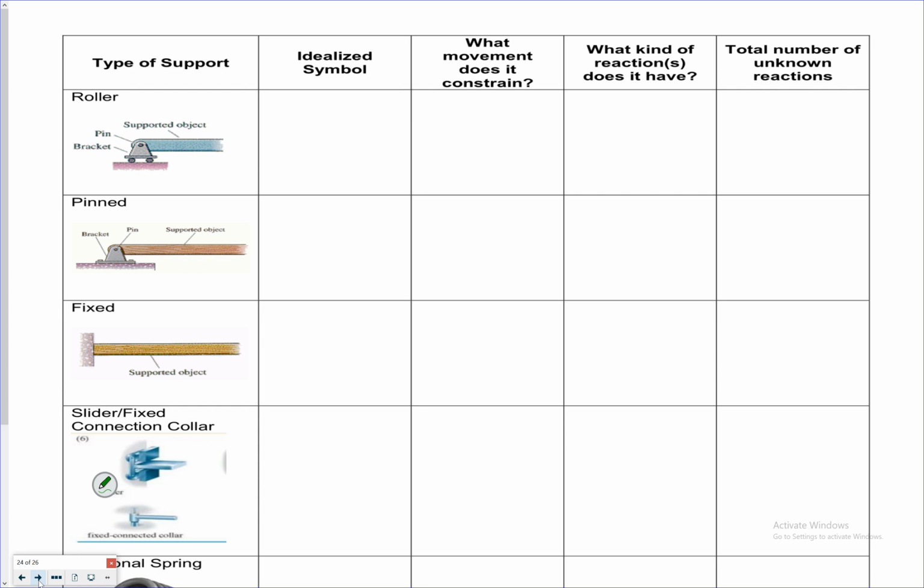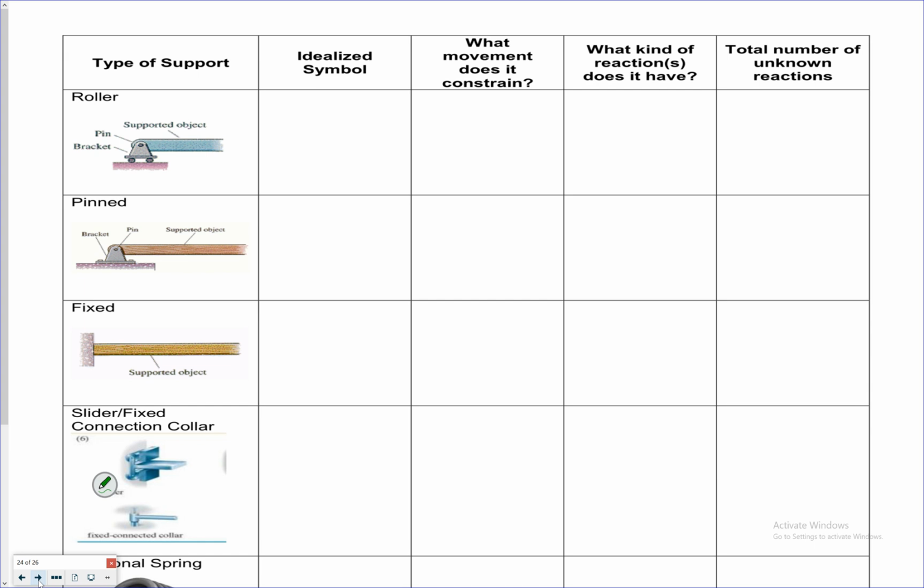Now I'm going to summarize what we've talked about today and talk about how we draw them as an idealized symbol when we're modeling. If I take a roller, we'll remind ourselves, right?